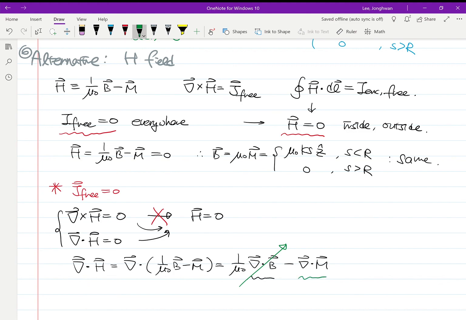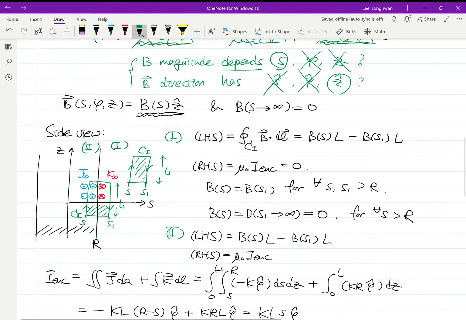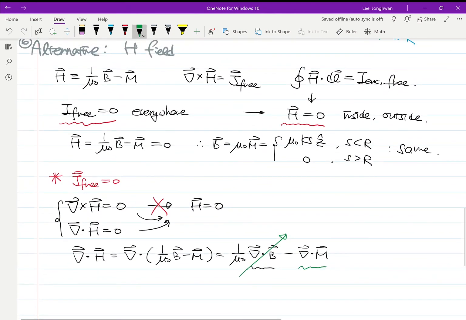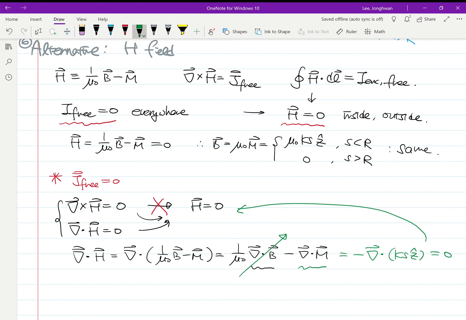And here M was actually given. M was K S phi hat, right? So if you plug in the divergence of K S phi hat, this becomes 0, right? So now you can say H equals 0. But if you only have the curl equals 0, you cannot say H equals 0 automatically. But in this specific example problem, we can say H equals 0 because the divergence of H becomes 0.